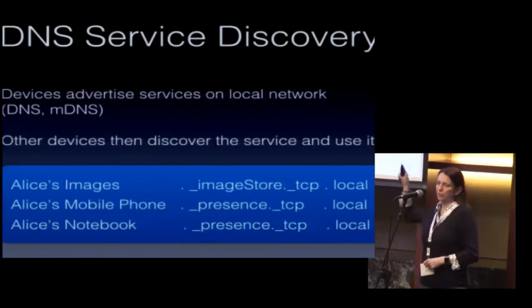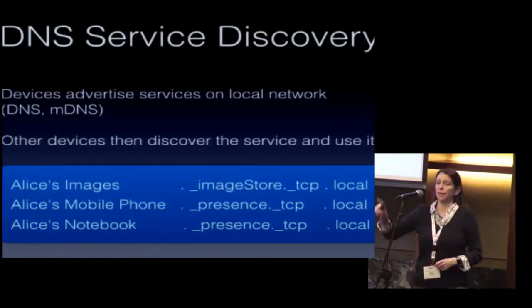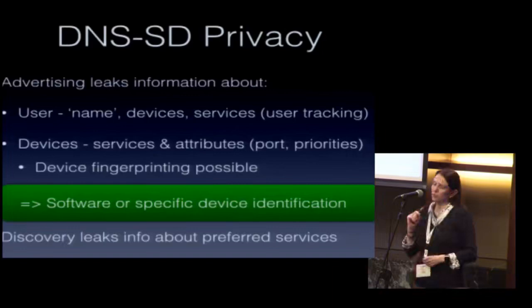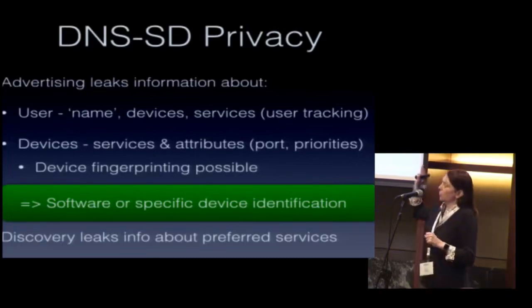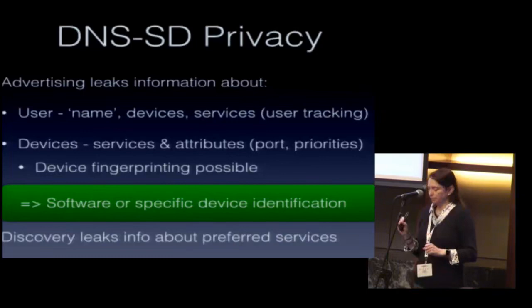So you can see this fingerprint as it moves around networks, and that means you've got user tracking capabilities. And this goes beyond tracking the user. It can go deep dive into exposing information about, for example, when you advertise these services, you also often advertise attributes about them.